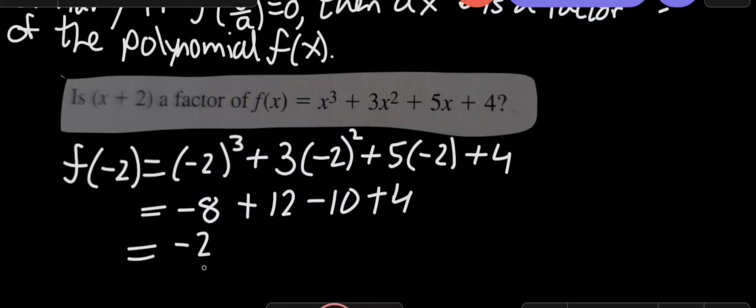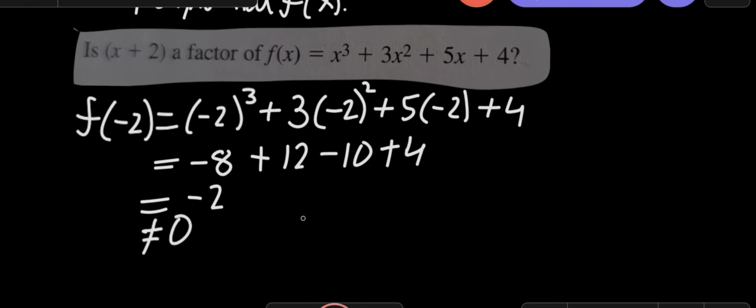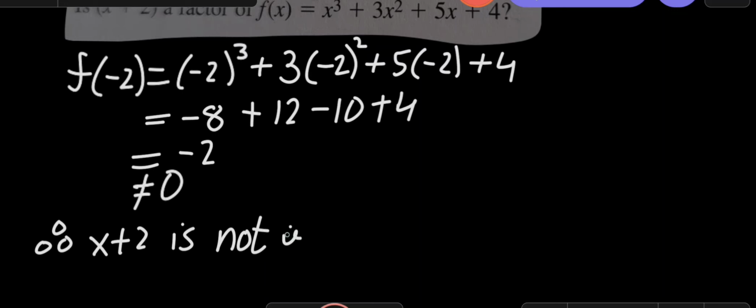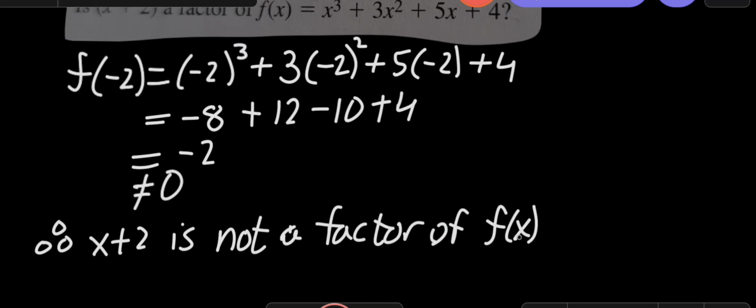And that -2 does not equal 0. So therefore, x plus 2 is not a factor of that f of x equals x cubed plus 3x squared plus 5x plus 4.